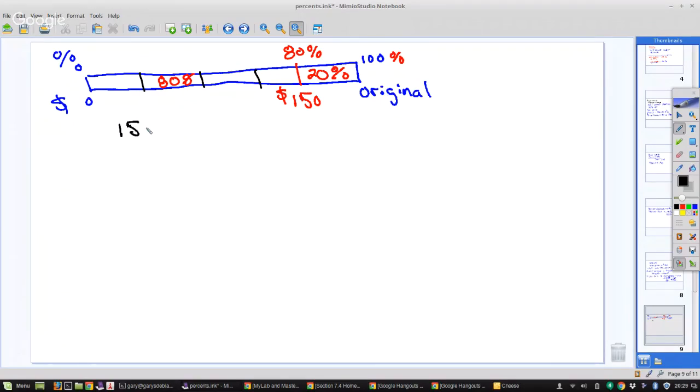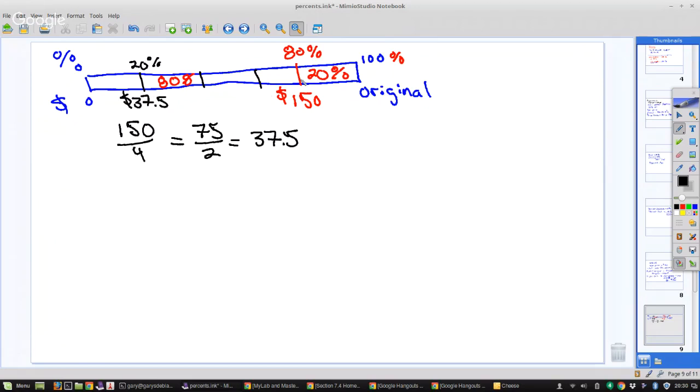I just take 150 and divide it by 4. So half of 150 would be 75. And half of 75 is going to be 37.5. So each one of these chunks is worth $37.50 at 20%.